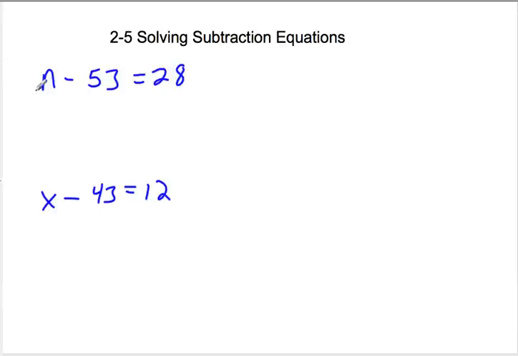And so unlike last night, what we have here is subtraction happening to the variable. So the variable is being subtracted by 53. To counteract a subtraction by 53, we're going to add 53 to both sides.